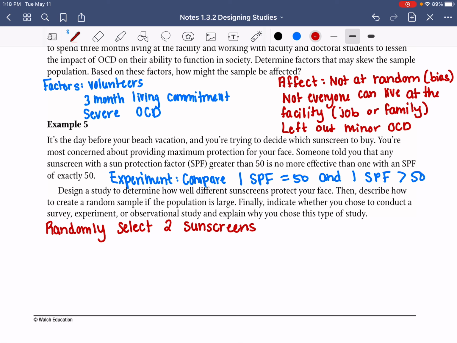And then to apply them, she's worried about her face, right? So maybe on one side of her face she puts the one that's exactly SPF 50, and on the other the one that's not.